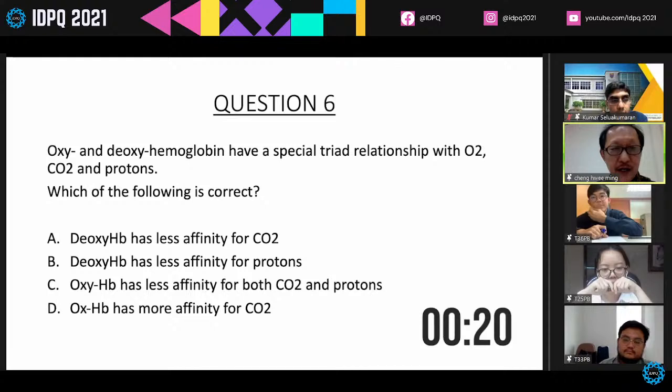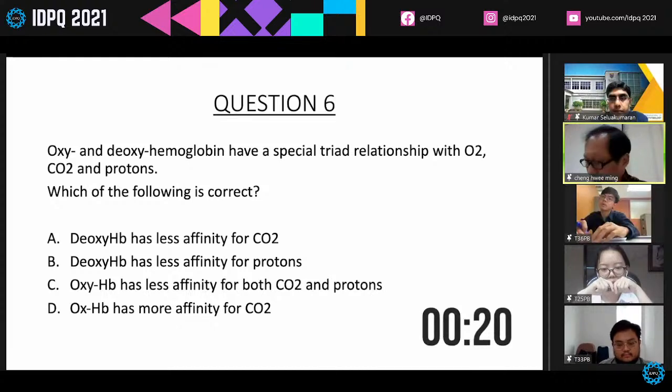Which of the following is correct? Deoxyhemoglobin has less affinity for carbon dioxide. Deoxyhemoglobin has less affinity for protons. Oxyhemoglobin has less affinity for both CO2 and protons. And deoxyhemoglobin has more affinity for CO2. The time starts now.